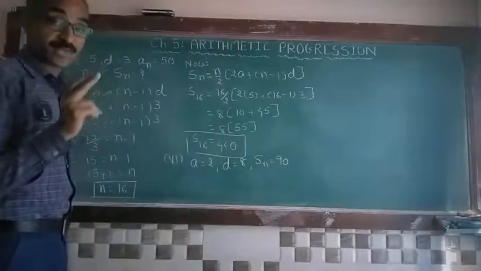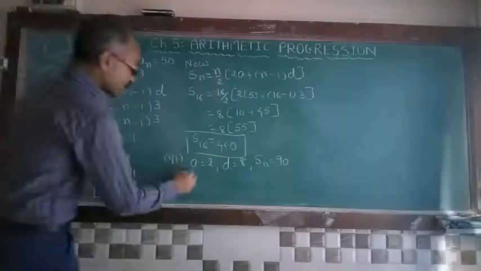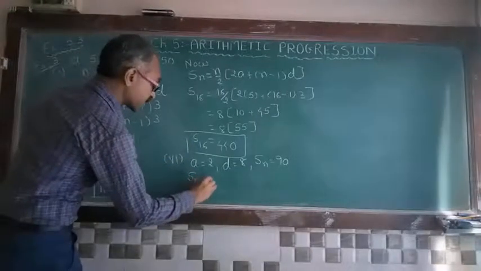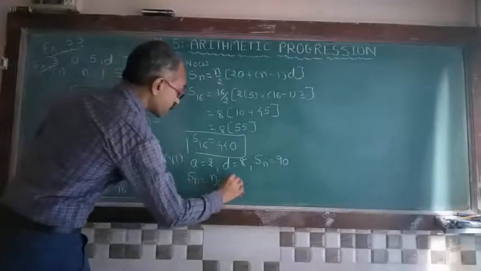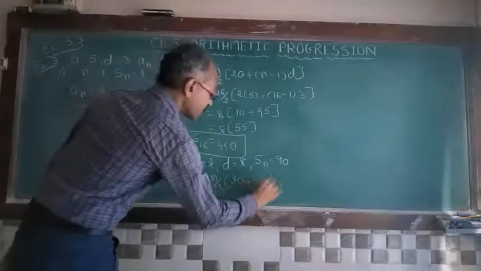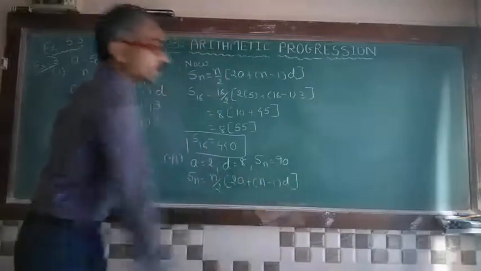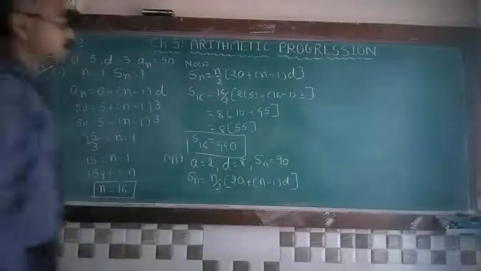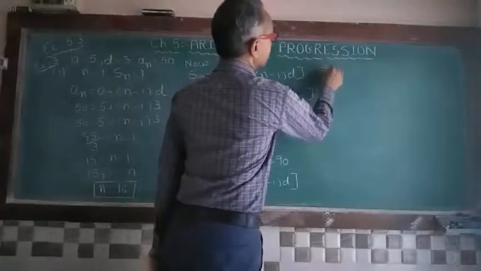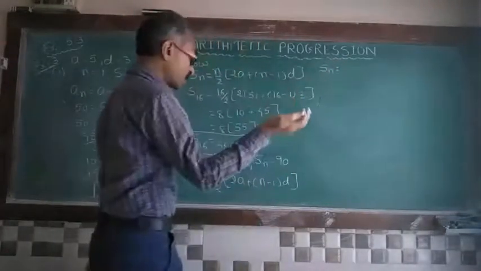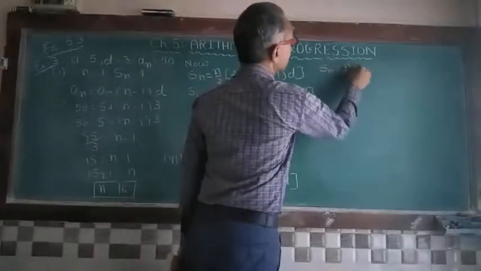So you have to first find the value of n. Our formula is Sn is equal to n by 2 into twice a plus n minus 1 into d. Put the values. Sn is equal to, we don't know n, that means n by 2.